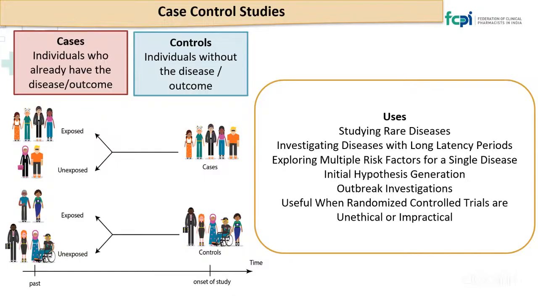So case control study will be useful for the investigation of long latency periods. It will help to explore multiple risk factors for a single disease, and it is an initial hypothesis generation process. It will also be useful for outbreak investigation, and when an RCT is not ethically or practically possible, then in that case we can go for a case control study.